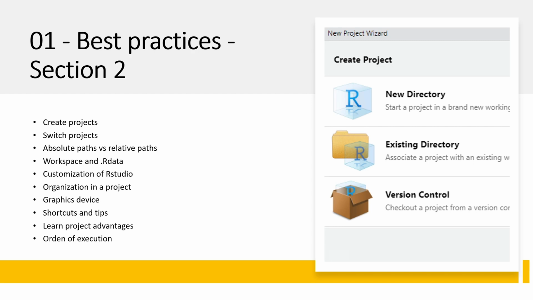Next, we will see some shortcuts and tips that are very useful for working with RStudio. We will learn what the advantages of working with R projects are, and we will try to follow some order of execution in our scripts.